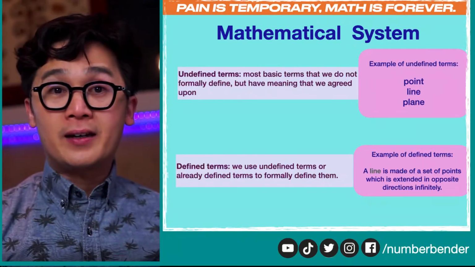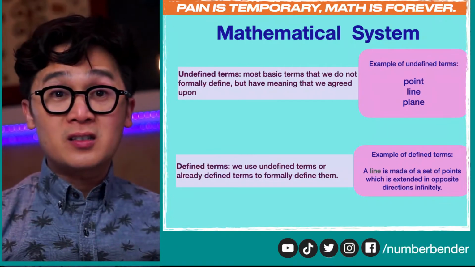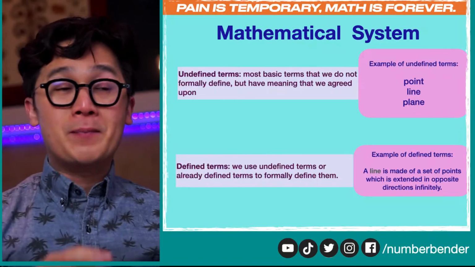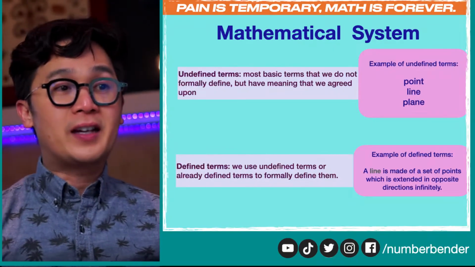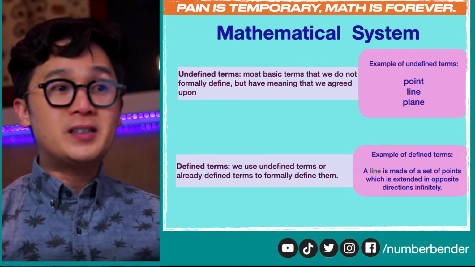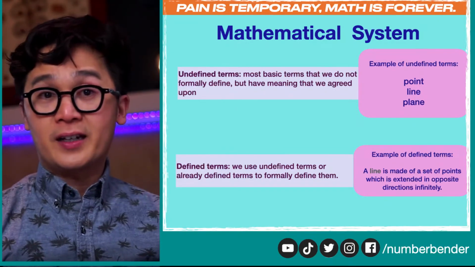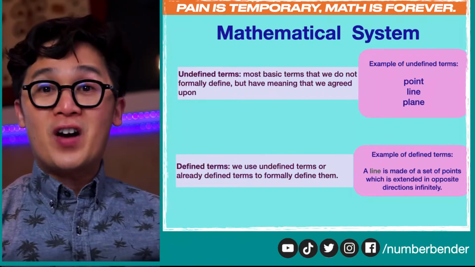We can define line in a lot of ways, like falling in line or line of sight. But in mathematics, a line is a set of points which is extended in opposite directions infinitely. So this is what defined terms are.